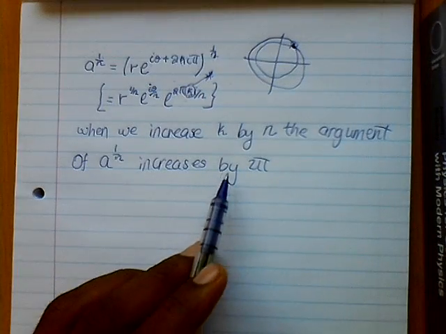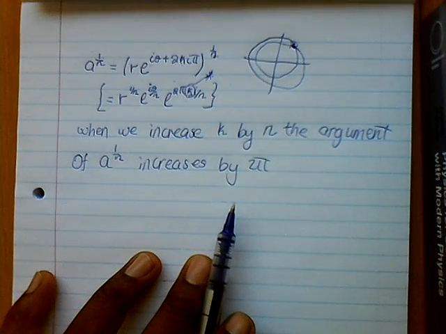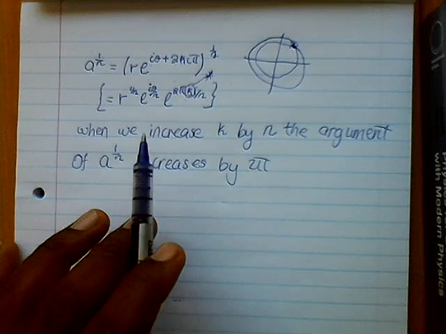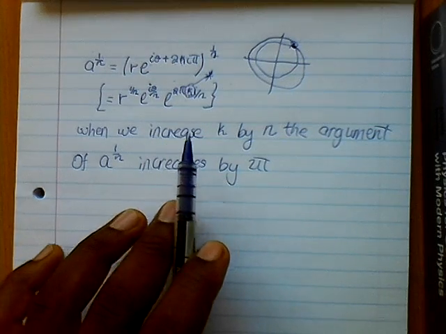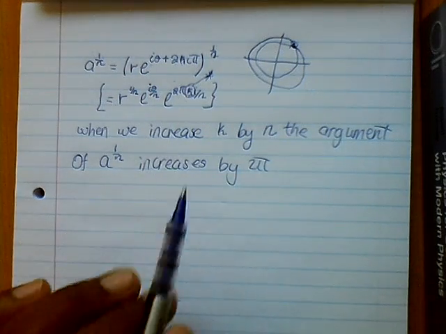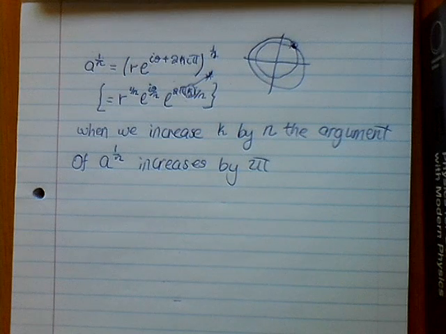So if it increases by 2 pi, it defines the same value of the nth root. Okay, and then the different roots can thus be found by taking any n successive values of k.